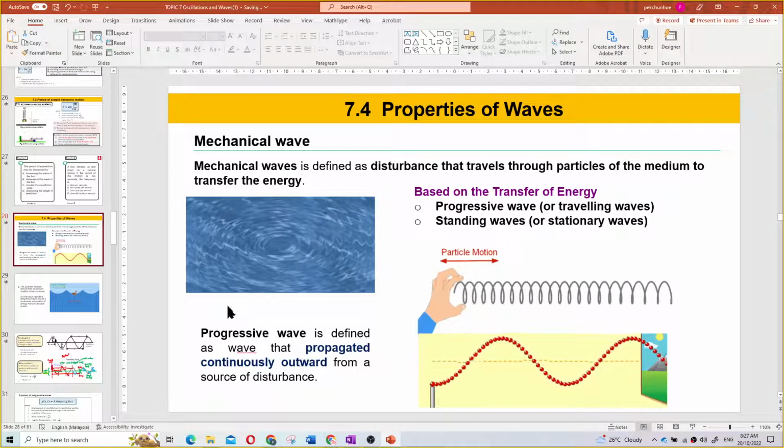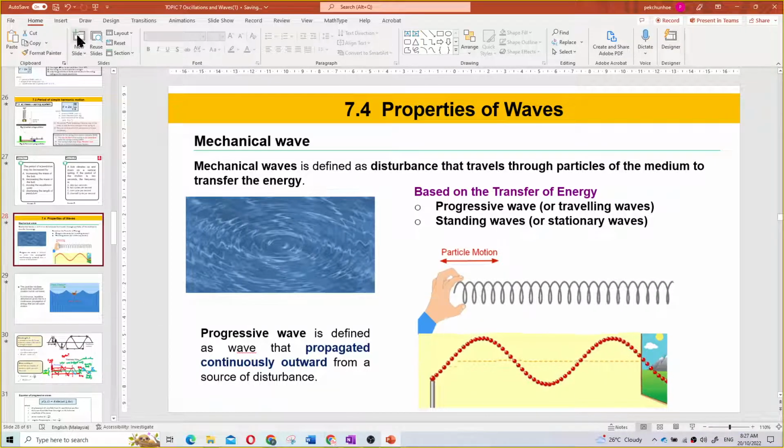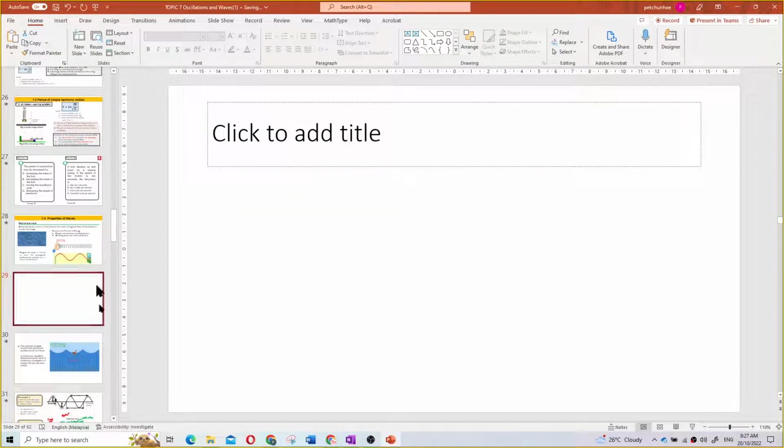I think it's also right for me to explain something here. There are different types of wave. I teach you more than the syllabus. We have two different types of wave.